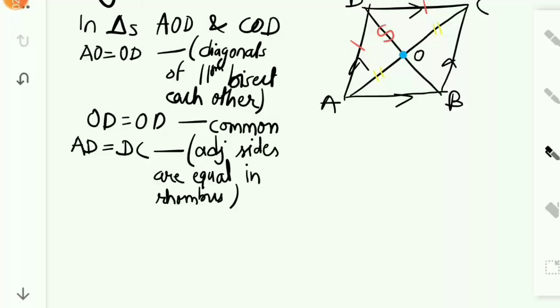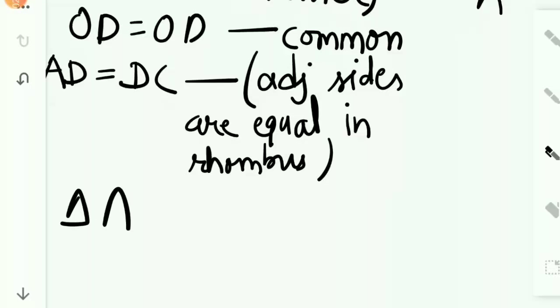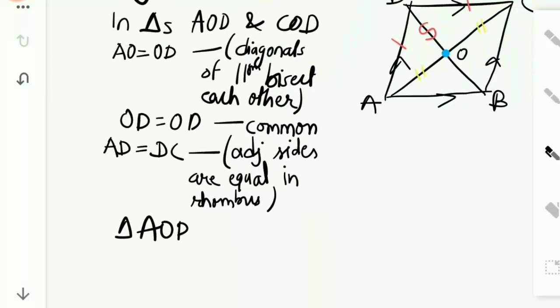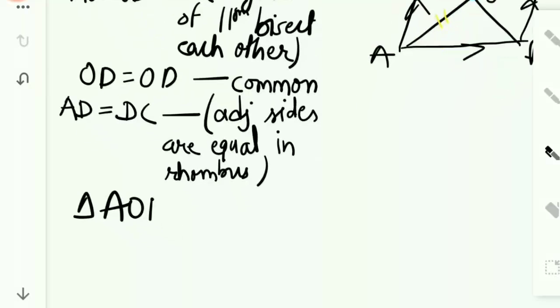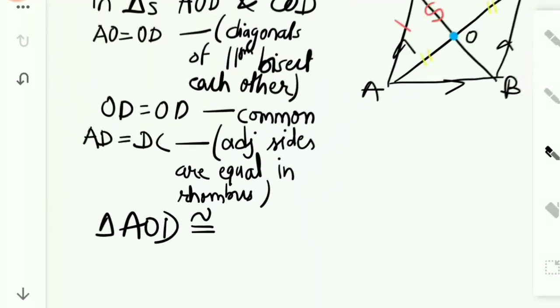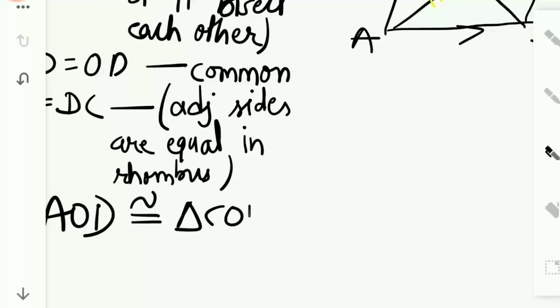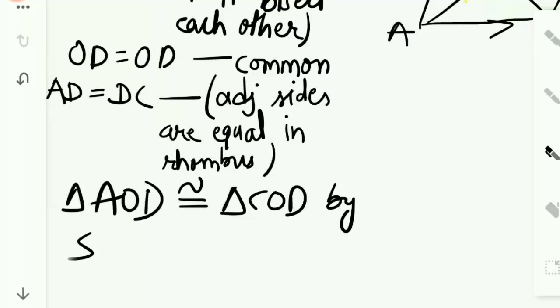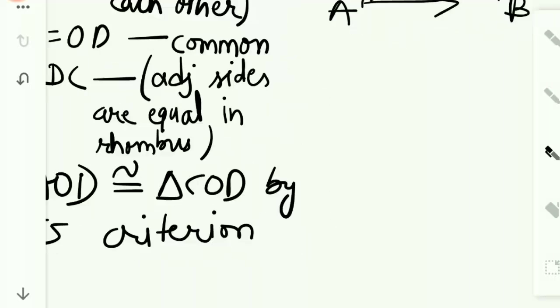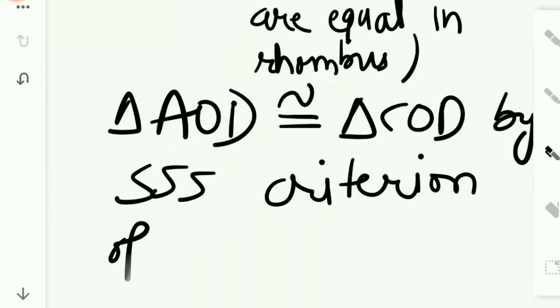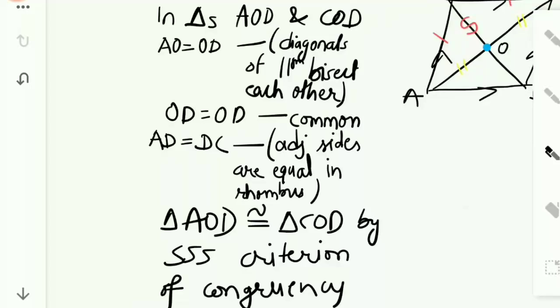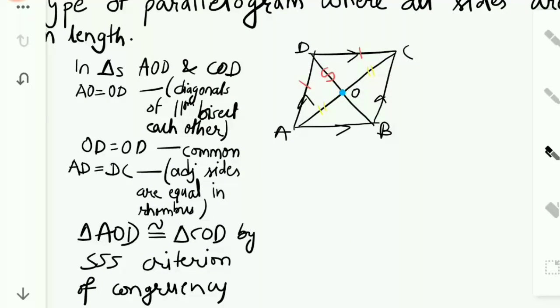Now we can see that triangle AOD is congruent to triangle COD by SSS criterion for congruency. Right? So now these two triangles are congruent.